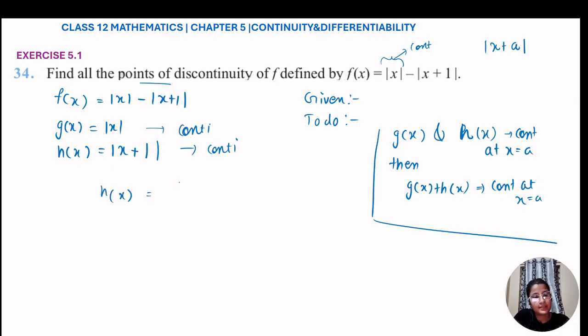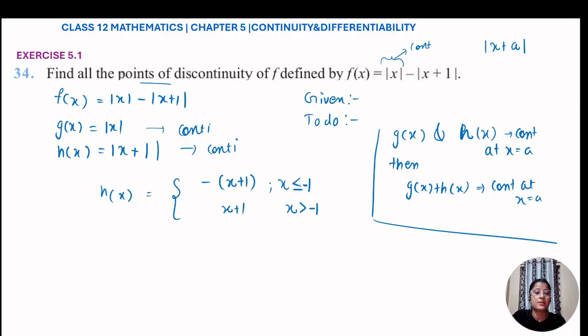First, write the function h of x in more explicit form. When x is less than or equal to minus 1, our function is defined as minus of x plus 1, and when x is greater than minus 1, our function is defined as x plus 1.